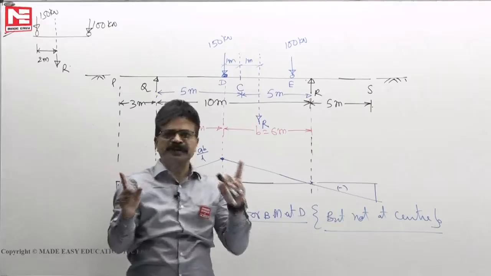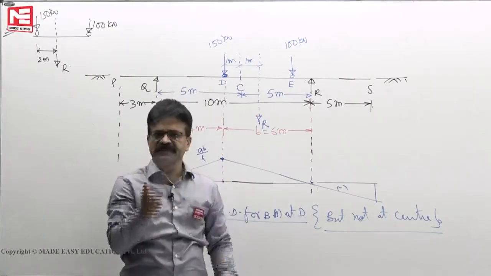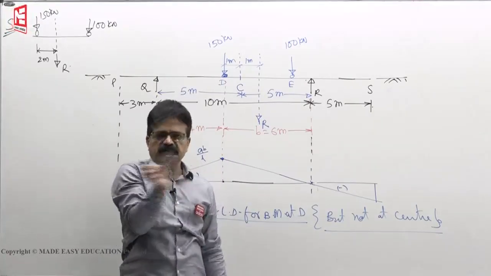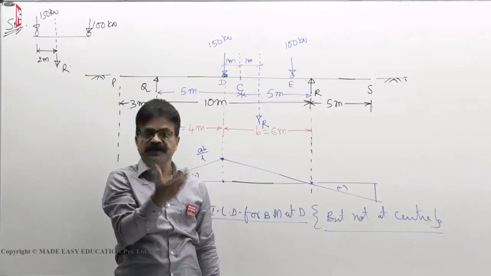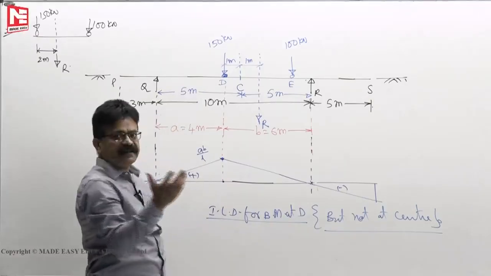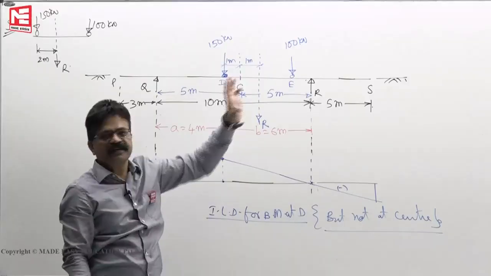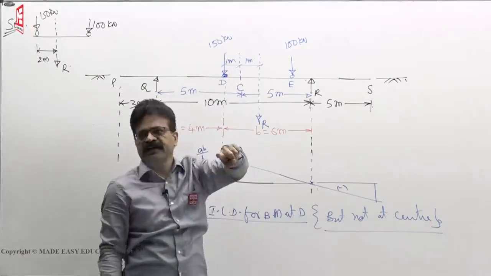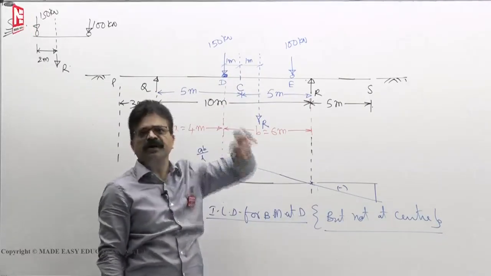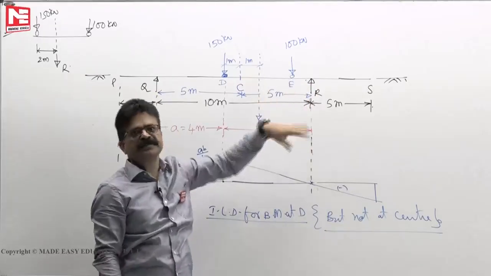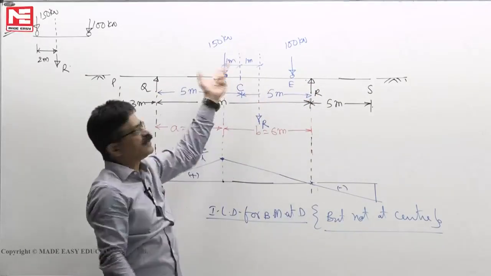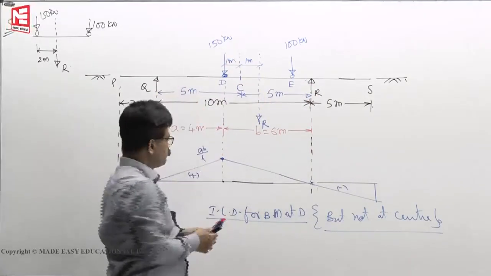It's like a simply supported beam with 2 loads; it's not necessary that they are exactly at center. You can adjust the 2 load locations to get maximum bending moment. In strength of materials, you studied that some locations were given to us, then you drew a triangle or trapezium. Now we want to know how to keep the loads to get maximum bending moment. So you have to adjust the loads like this.